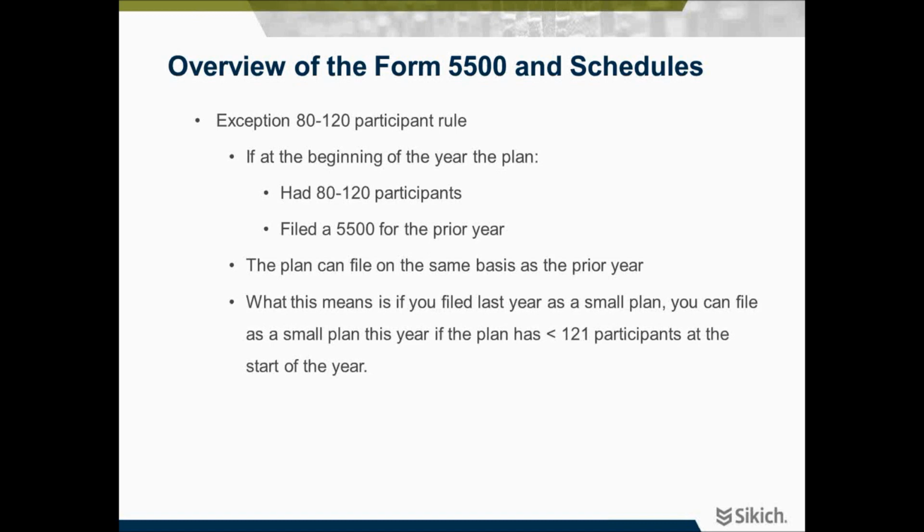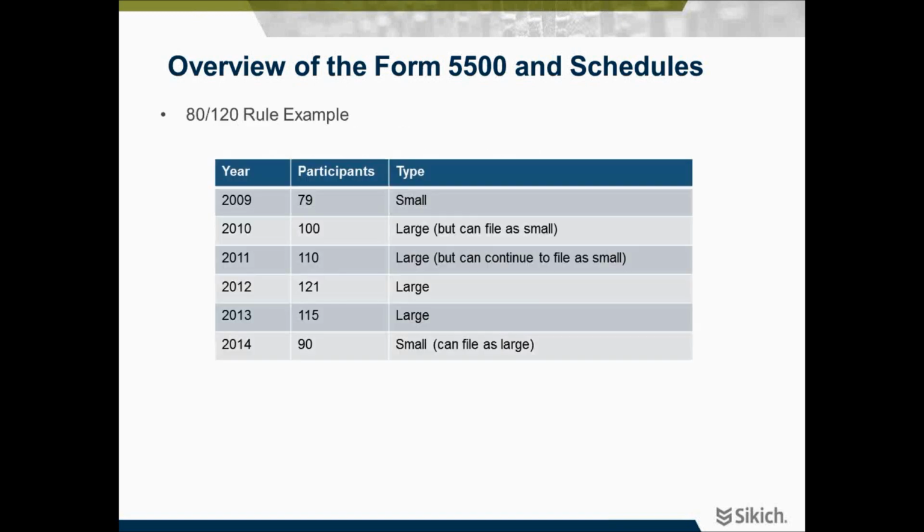Okay? So this is just a quick explanation of the 80/120 participant rule. And here's a nice little example of how it works, might be a quick reference for you. In 2009, say you had 79 participants, you would file as a small plan.